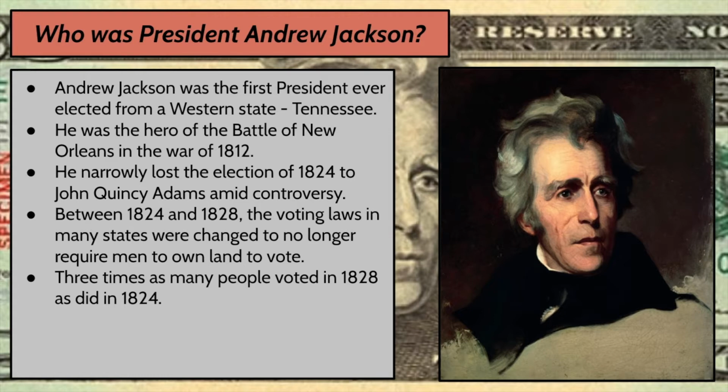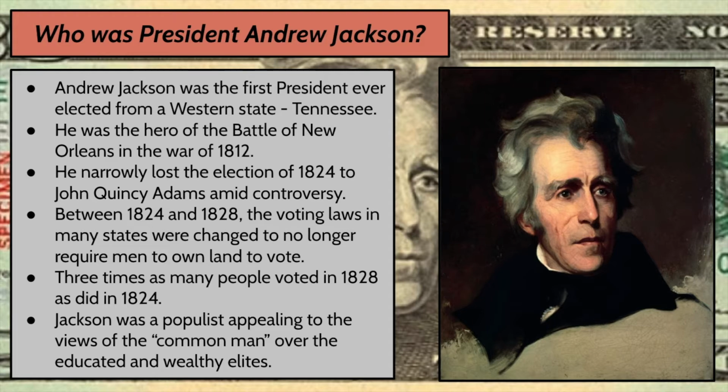And so in 1828, Andrew Jackson was overwhelmingly elected president, and he was the first populist president, the first president who really tried to appeal to the feelings and emotions of the average person rather than wealthy, landowning white males. So he appealed to the common man over the educated and wealthy elites, whereas previous presidents pretty much appealed to the educated and wealthy elites.